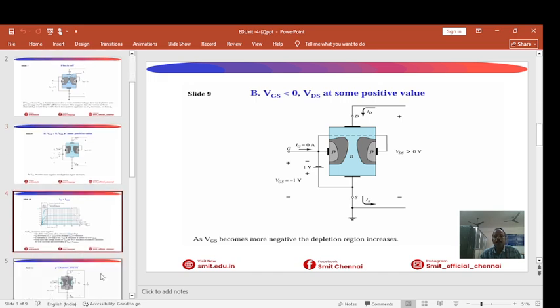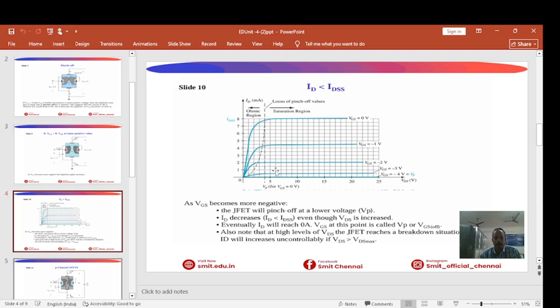Then coming to the next one, that is pinch off. Pinch off is a condition that is almost near saturation. This is one of the important concepts in JFET. As the slide shows, increasing VDS causes the depletion region to expand until they nearly touch, restricting the channel.